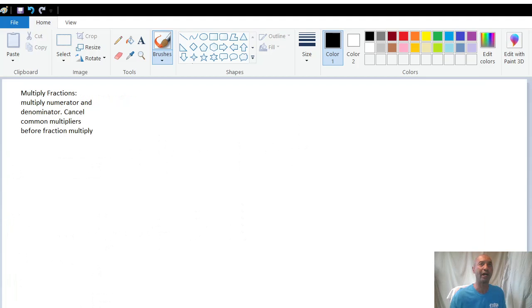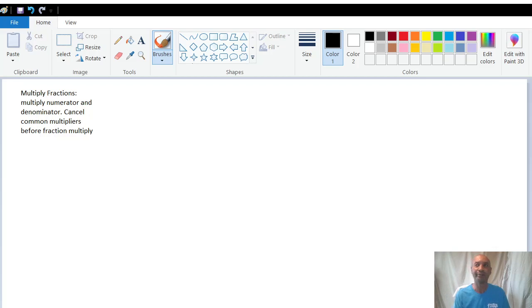Now we want to try multiplying a couple of fractions. The basic difference between multiplying and adding is that with multiplying, you don't have to find the lowest common denominator. You just multiply the numerator by the numerator and the denominator by the denominator.